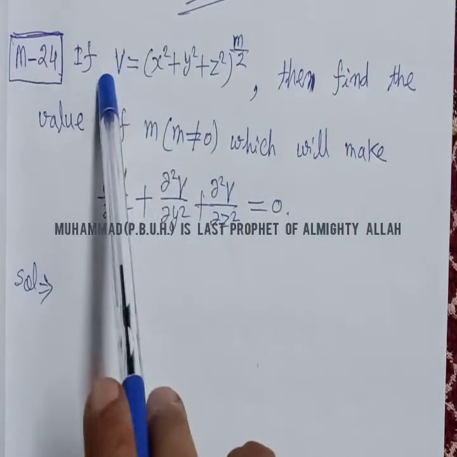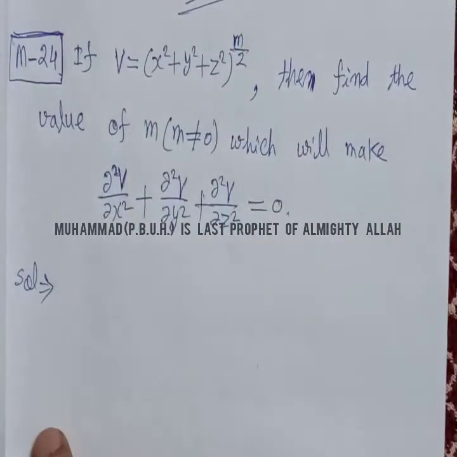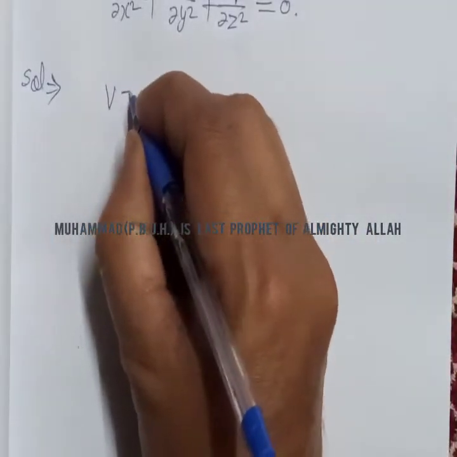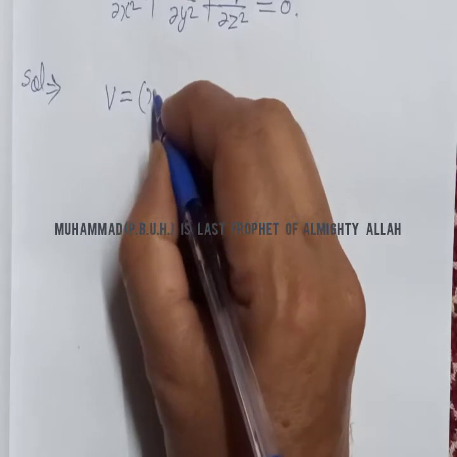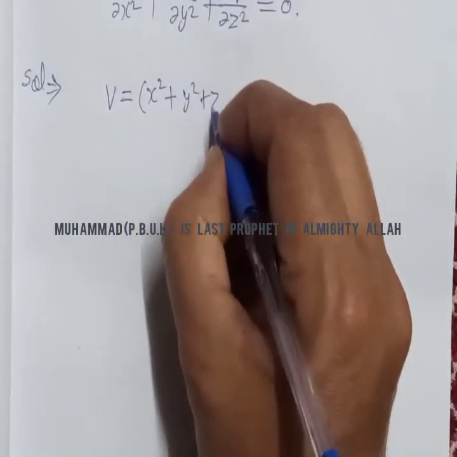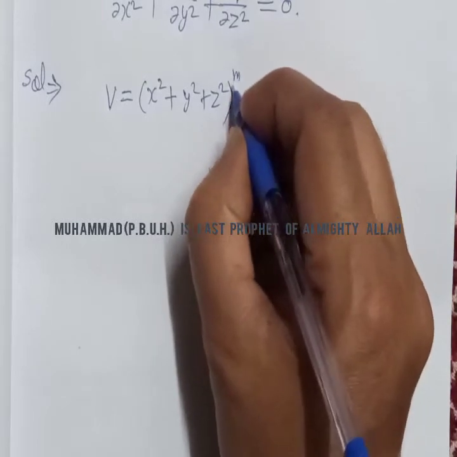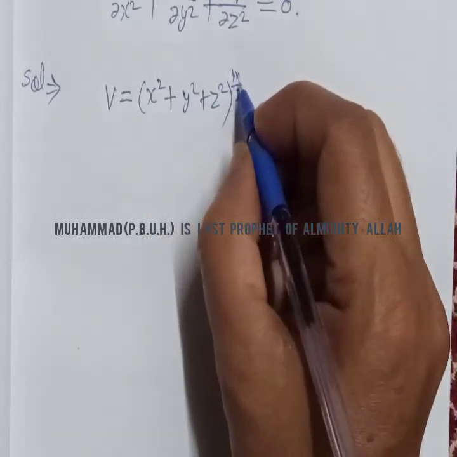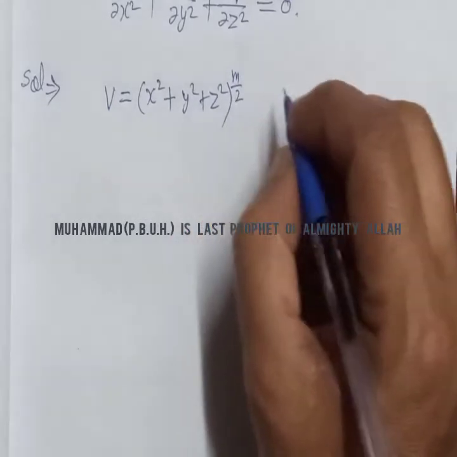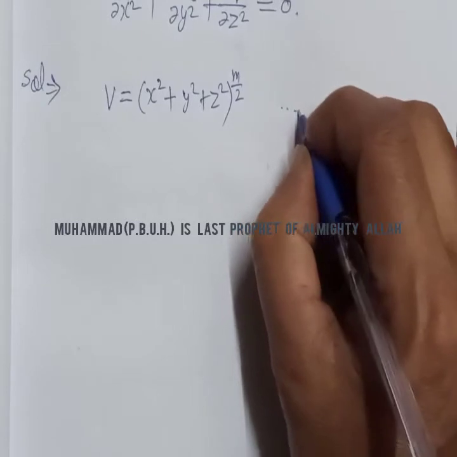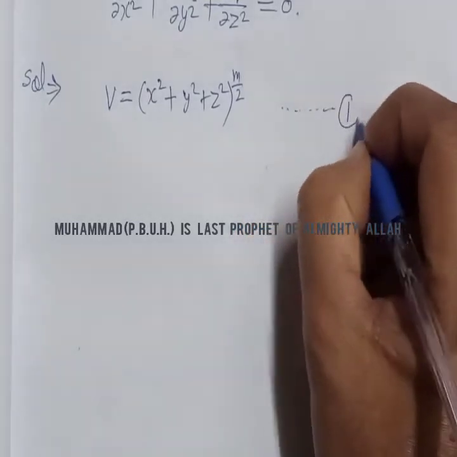We are given the value of v, which is a function of x, y and z: v is equal to (x²+y²+z²) whole power m by 2. I give it equation number 1.